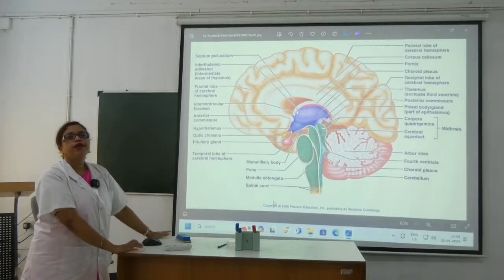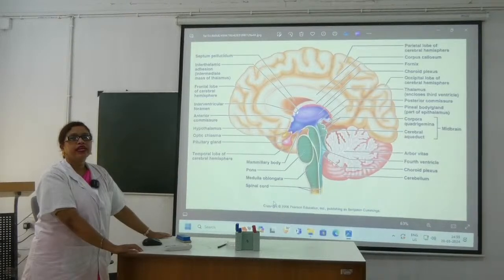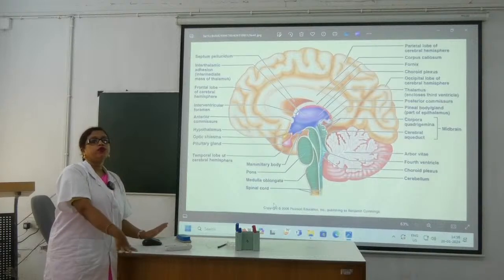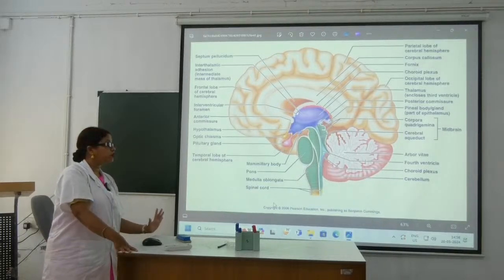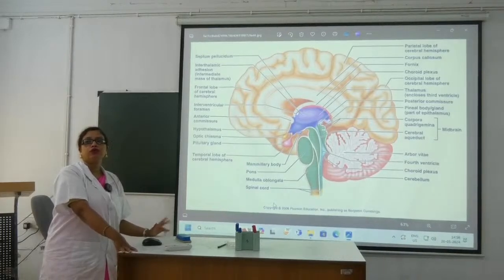The grey matter of the cerebellum is thrown into numerous leaf-like projections, which are known as folia.